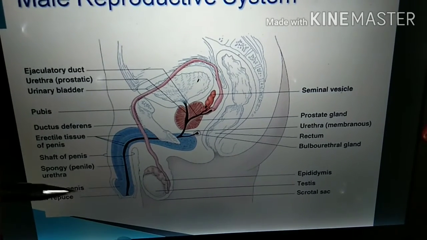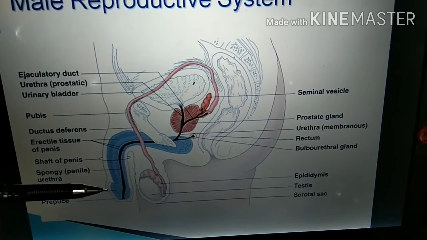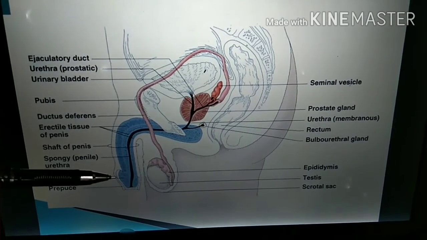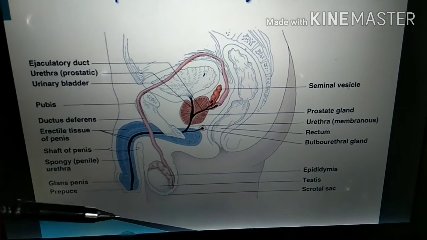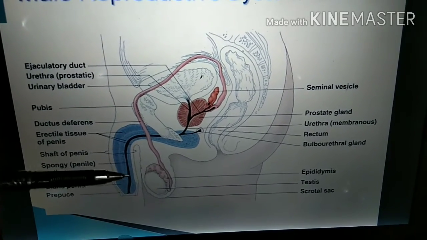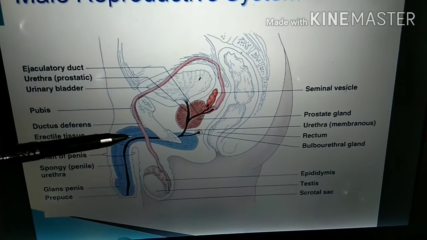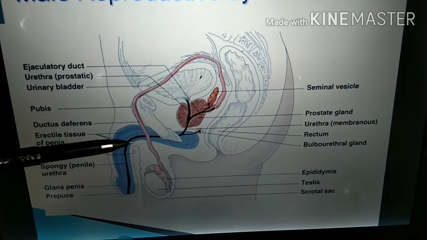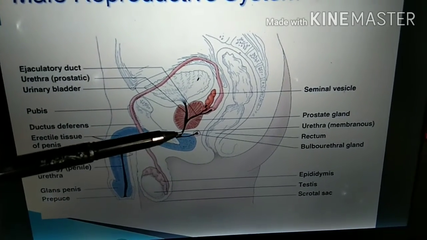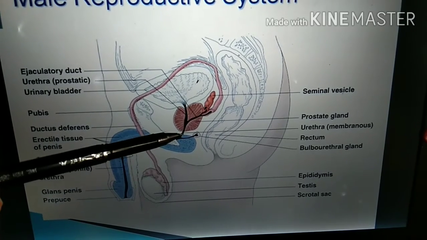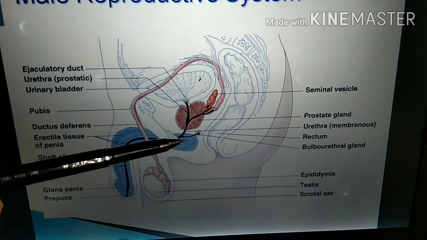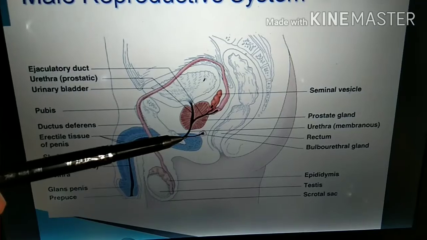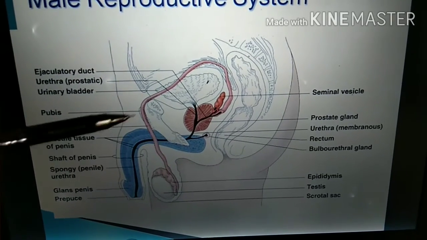So when the penis is erect, the flow of urine is blocked from the urethra, allowing only semen to be ejaculated at orgasm.